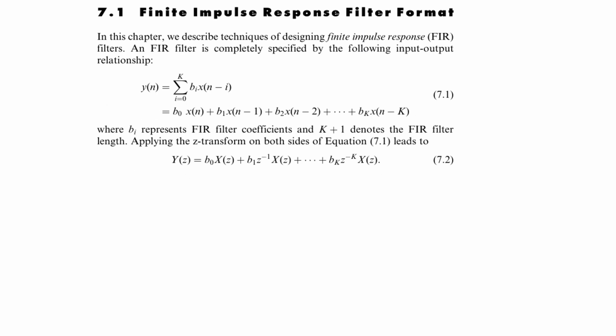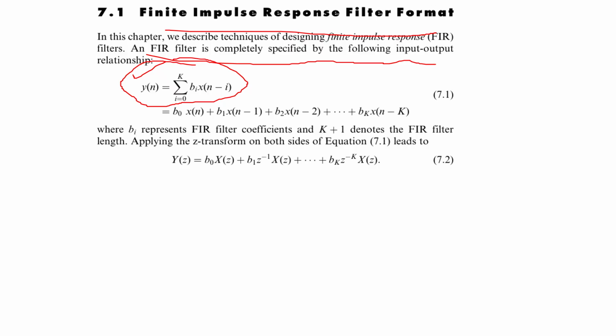Okay, so now the question is how will we design the finite impulse response filter? First thing is that an FIR filter is completely specified by the input output relationship given by this equation. And what is this equation? y[n], this is your output, equals the summation of i equal to 0 to k, where k is any number, of b_i times x[n minus i], so this is your input, right?